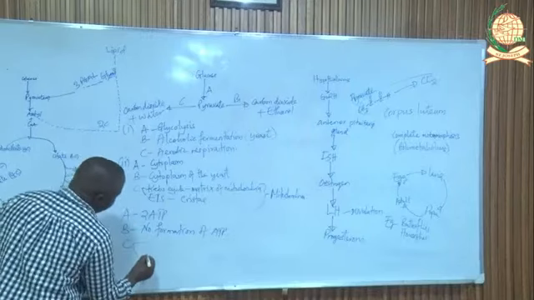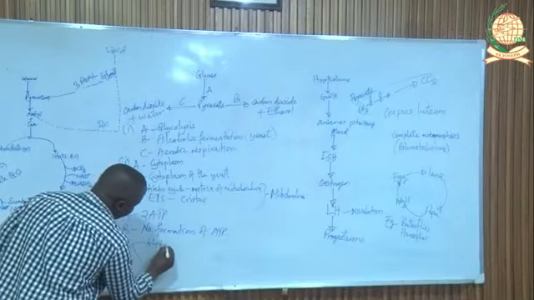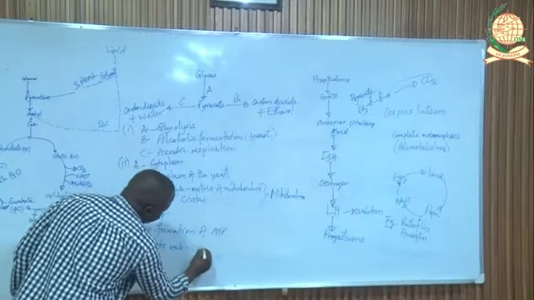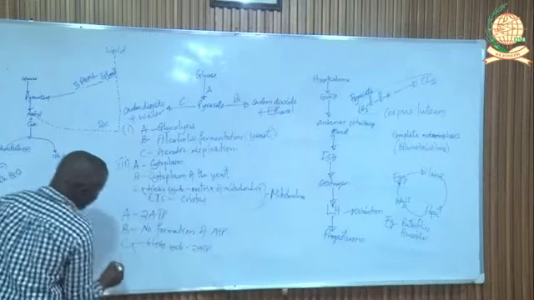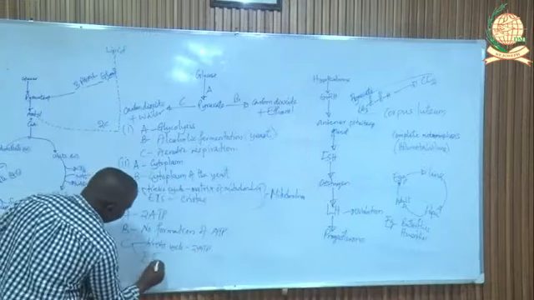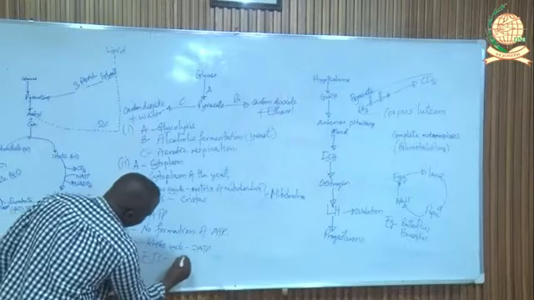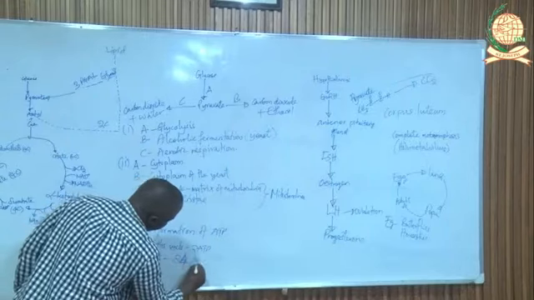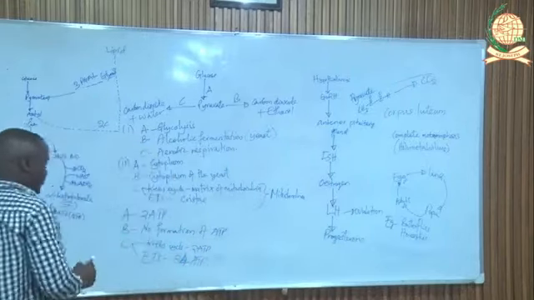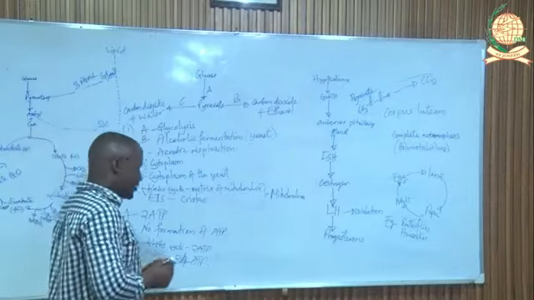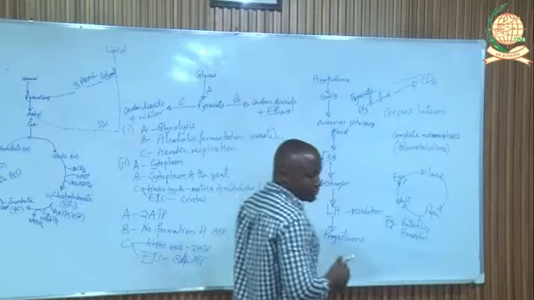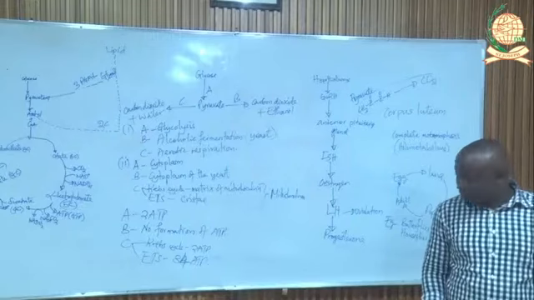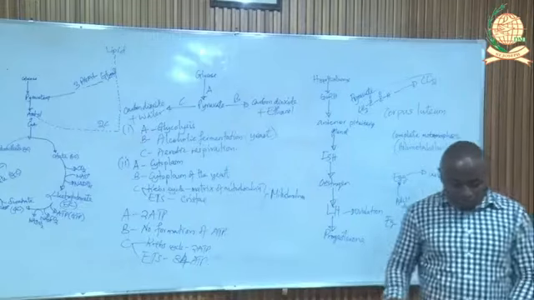That means there is the Krebs cycle, where 2 ATP molecules are produced, and we have the electron transport system, ETS, where 34 ATP molecules are produced.